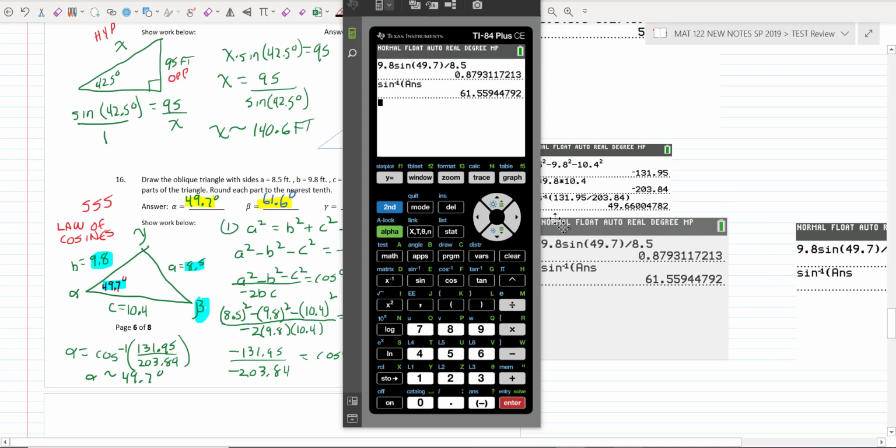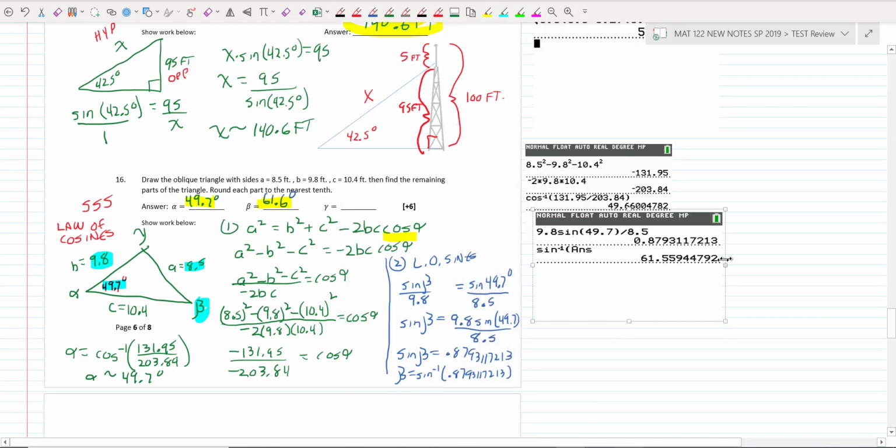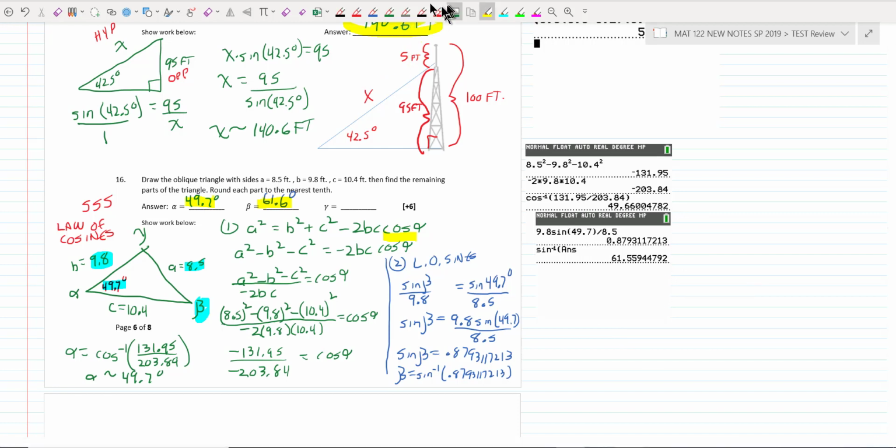And then, of course, one last step, and then we've got it all put together. The last step, step 3, would be to find the angle gamma. So gamma is going to be 180 minus 49.7 minus 61.6.